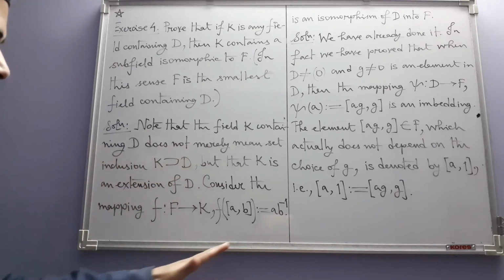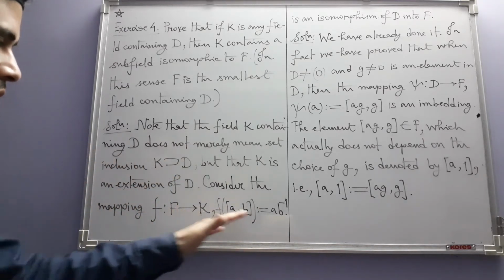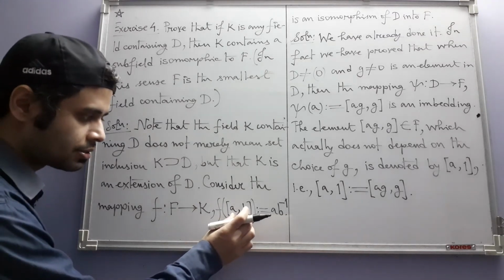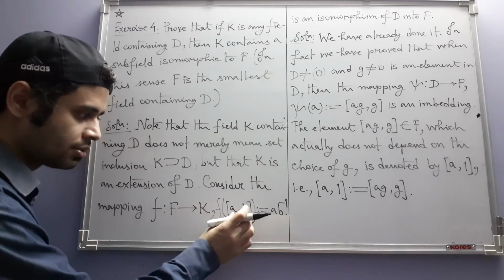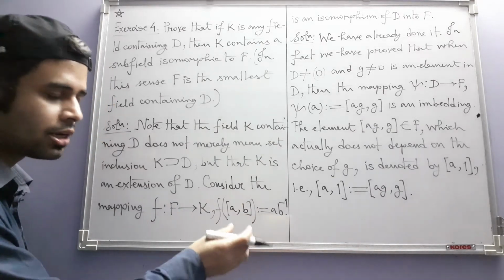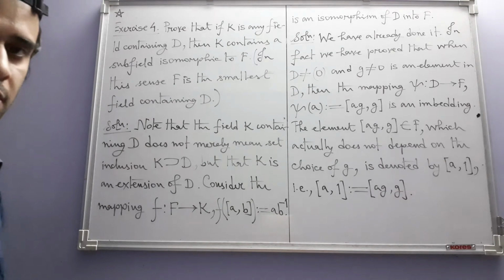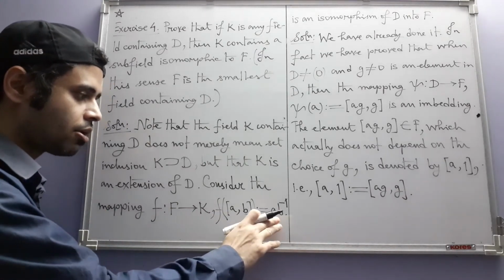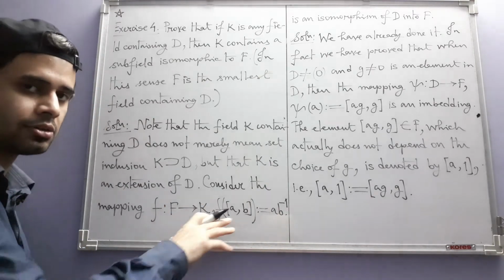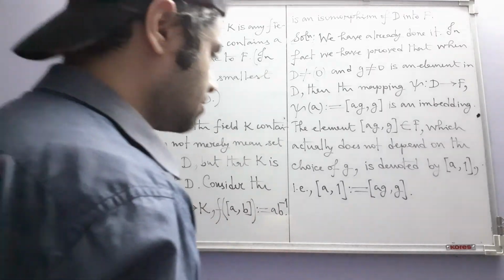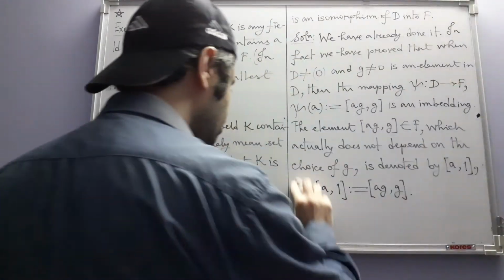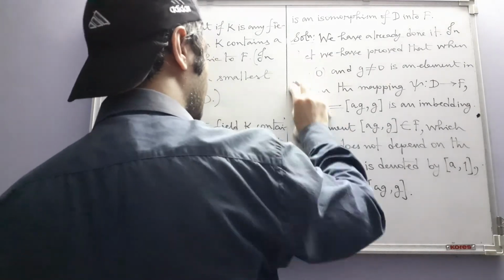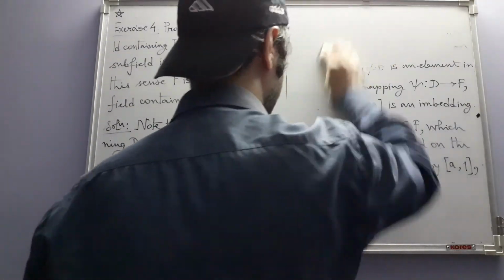But we still have to show that this is a well-defined map, because we already know that such an element in F can have, in fact usually does have, multiple representations. So we have to make sure that the representations do not affect the ultimate result or the image. So we have to prove that if we have two different representations of the same equivalence class, we end up having the same image.